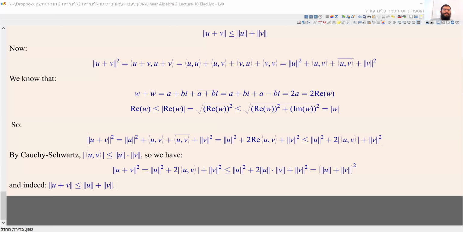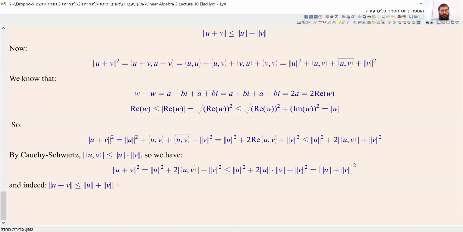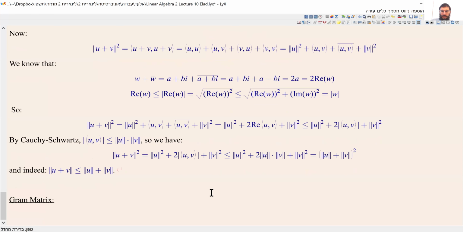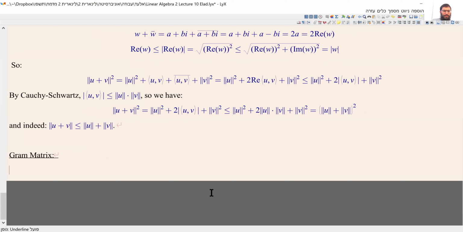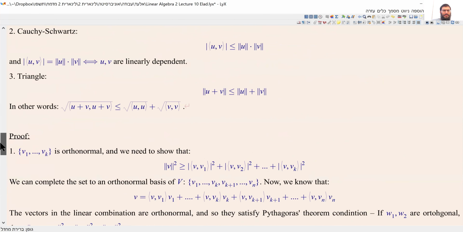This one little thing is called the Gram matrix. I'll write it down, and the theorem about it, without the proof, is also going to use it if needed. Let V be an inner product space.